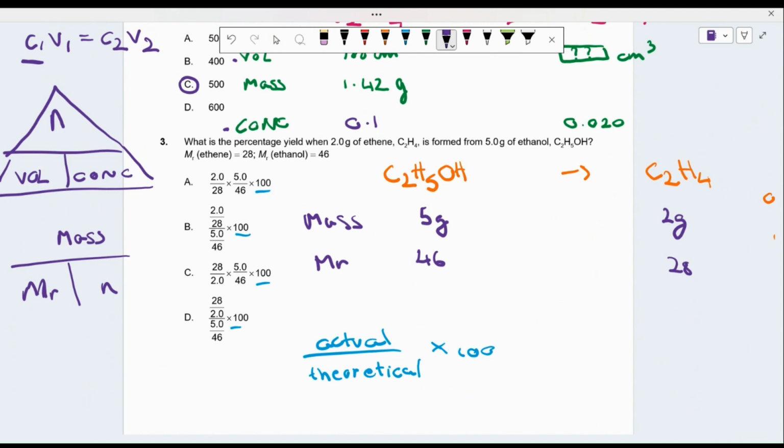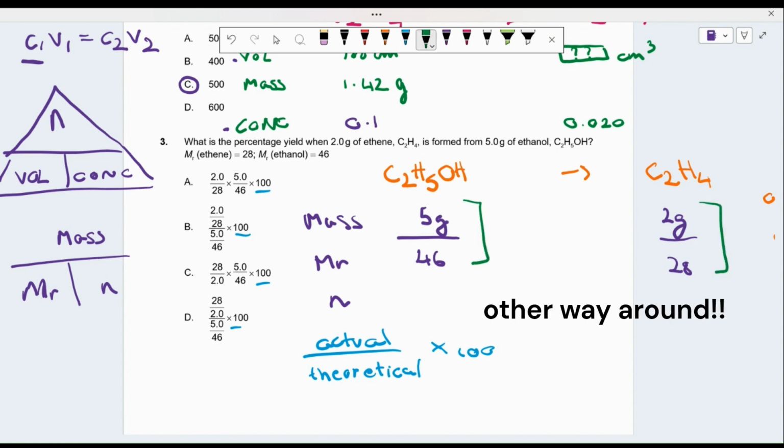So what can we work out with this? Well, moles, of course, and we do that by dividing these two. Now we don't need to actually work it out. We just know that we will be putting this fraction over this fraction and then timesing it by 100 to follow our equation. So that will be B.